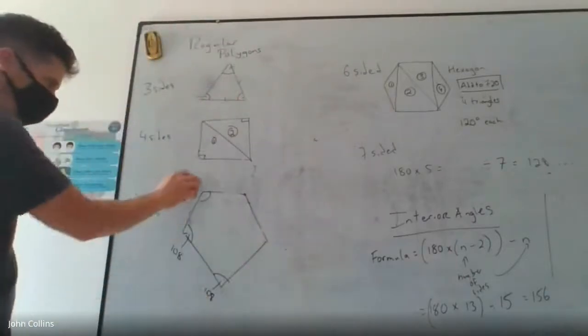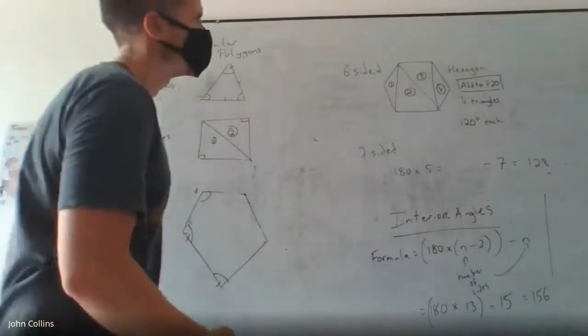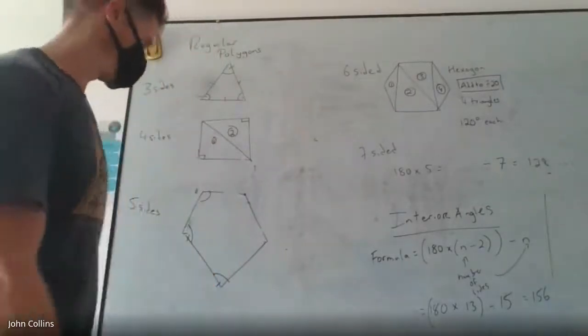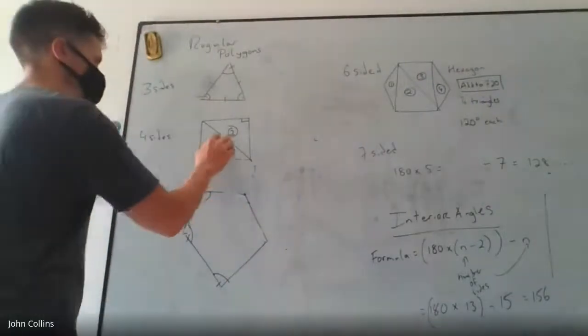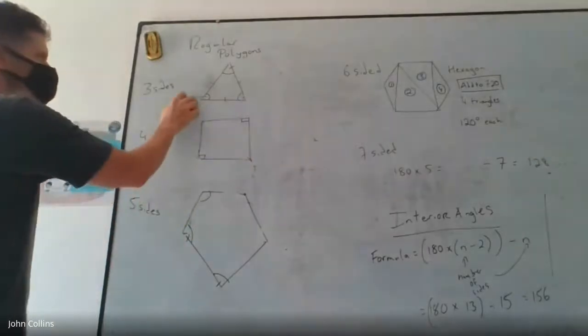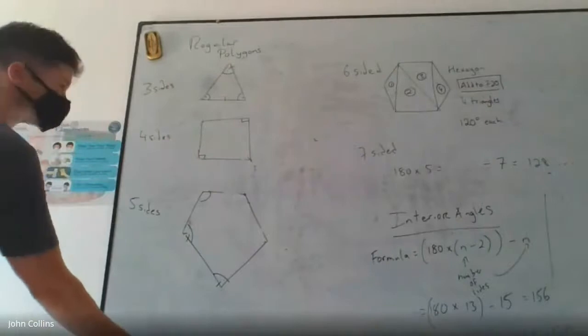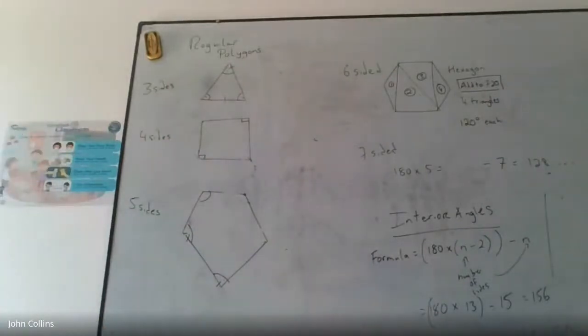That's the interior angle of a polygon. Now we must look at the exterior, the outside. How you form the exterior angle is you have to continue on one side.